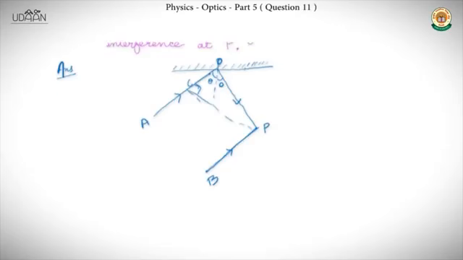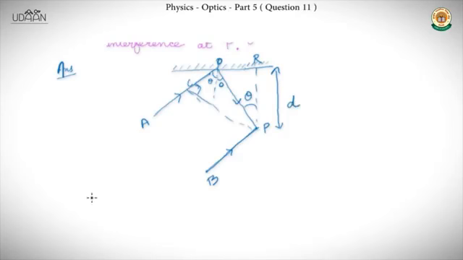First, let's draw a perpendicular from this to this. Since these are alternate angles, this will also be equal to theta. Let this point be R, and as given in the question, this distance is d.